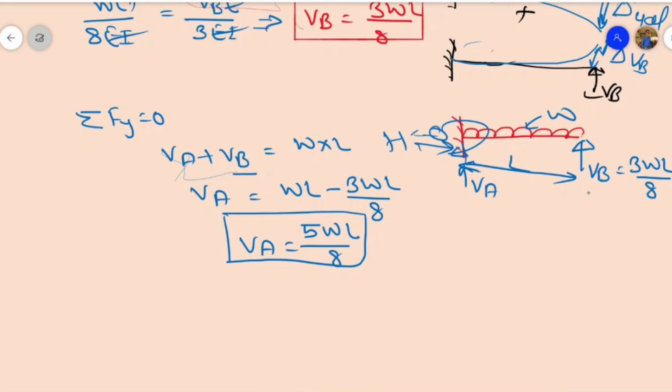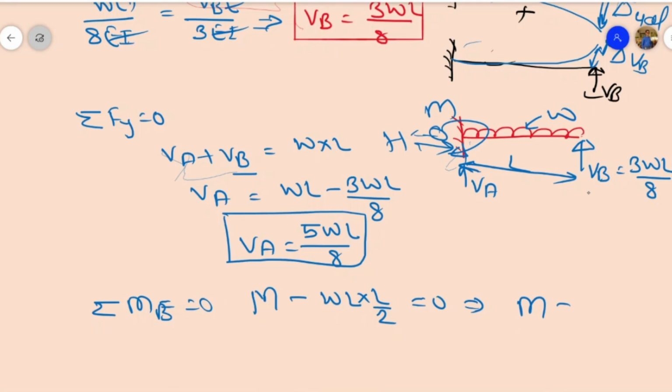One moment will be generated over here. So we calculate the summation of moment at B equals 0. Taking clockwise moment as positive, we get this one moment reaction M minus W into L by 2 equals 0. From here the moment M is WL square by 2.